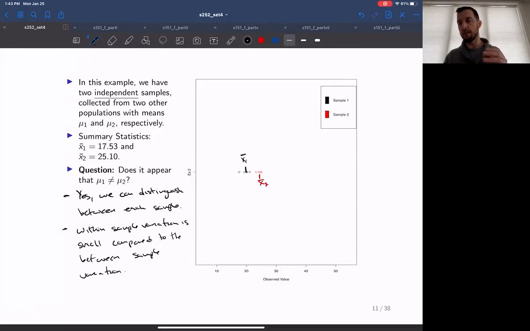And if the between sample variance is larger than the within sample variance, this would provide evidence that a difference might exist. Whereas if the between sample variance is small compared to the within sample variance, this would likely provide no evidence that a difference exists. So we are using variation to make a decision about the potential difference among a collection of means.